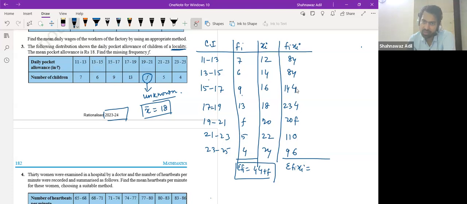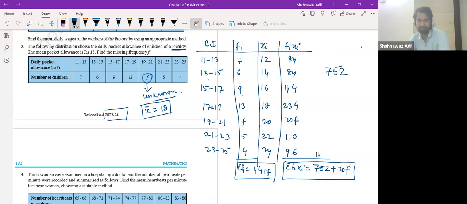It comes to 752 plus 20f. Correct, guys? You guys please check the calculation, right? I can be wrong also. Let us cross check. Yes, so this is correct.